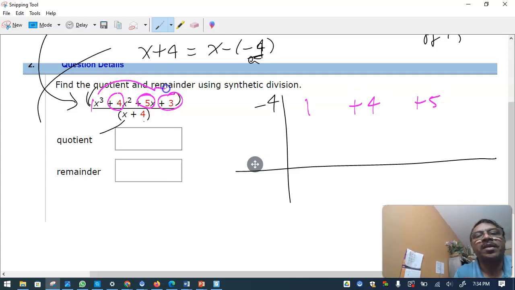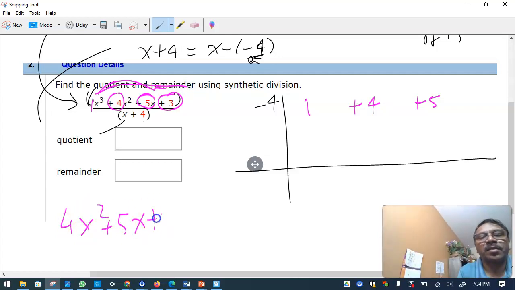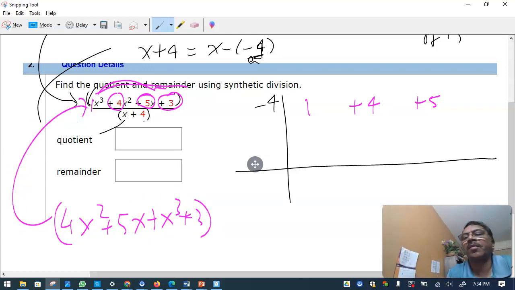You want to make sure this is written in standard form. Now this is in standard form. Sometimes it could be 4x squared plus 5x and then plus x cubed and then plus 3. Then you will have to rearrange this to write it in standard form. Right now we are good, and the constant plus 3 goes last.